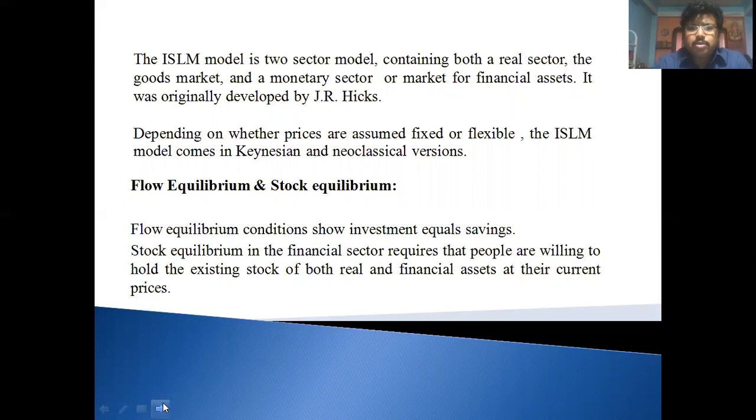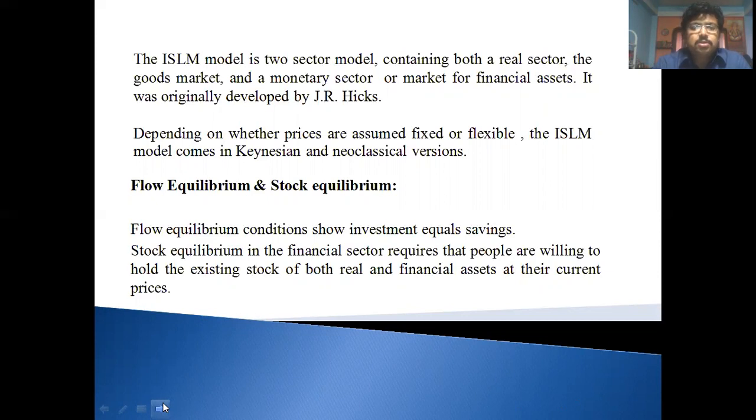Depending on whether prices are assumed fixed or flexible, the ISLM model comes in Keynesian or neoclassical versions. When prices are assumed fixed, it comes in Keynesian versions, and when prices are assumed flexible, it comes in neoclassical versions.